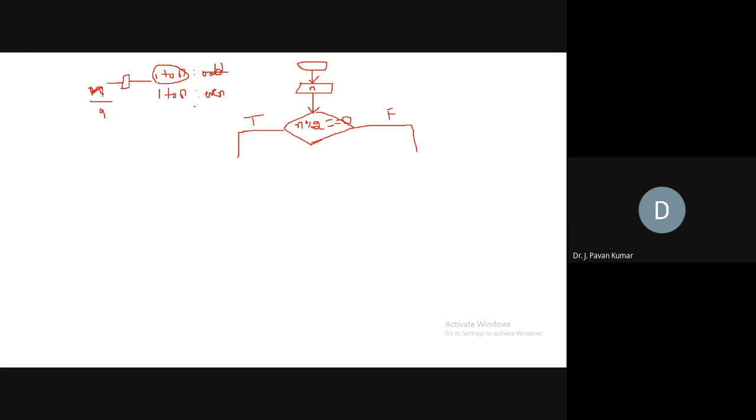Even numbers and odd numbers: the sequence will differ by only one. If you know one of the even numbers in the series is 3, what is the next number? 5. You know that, right?